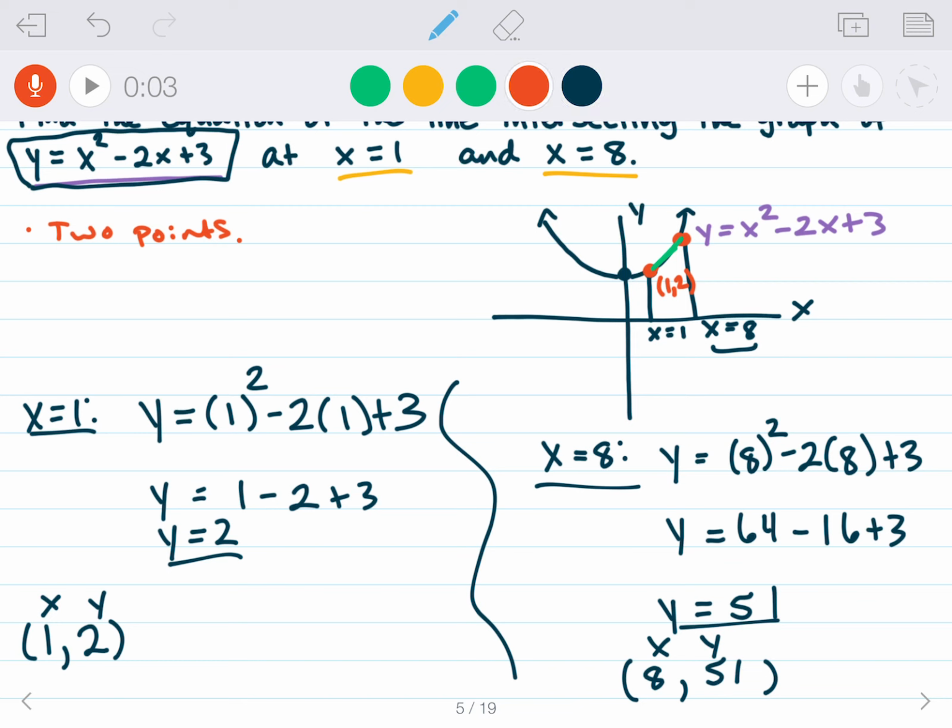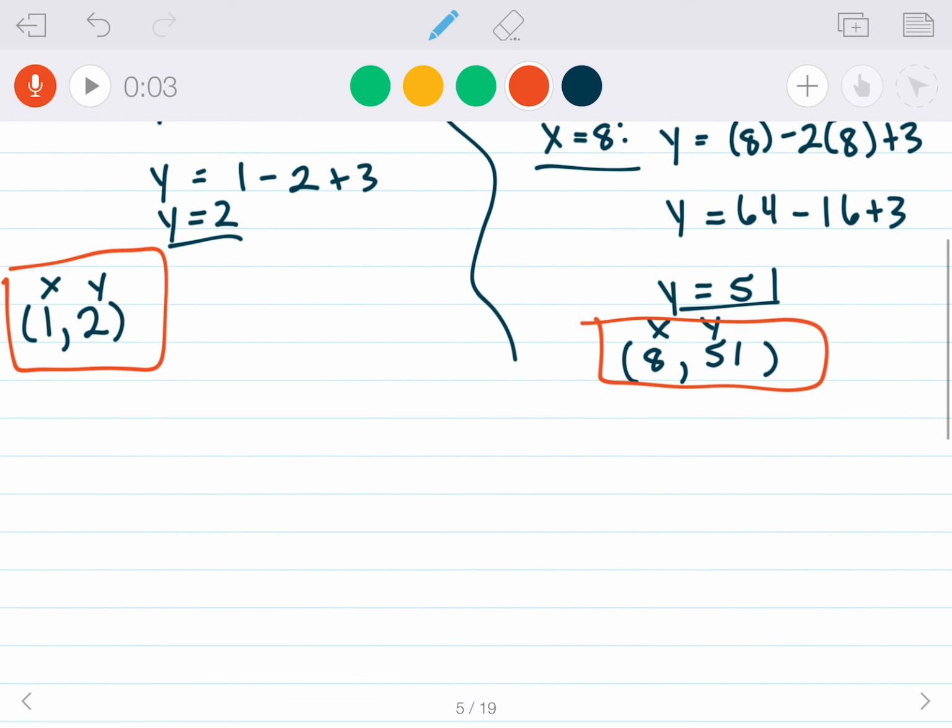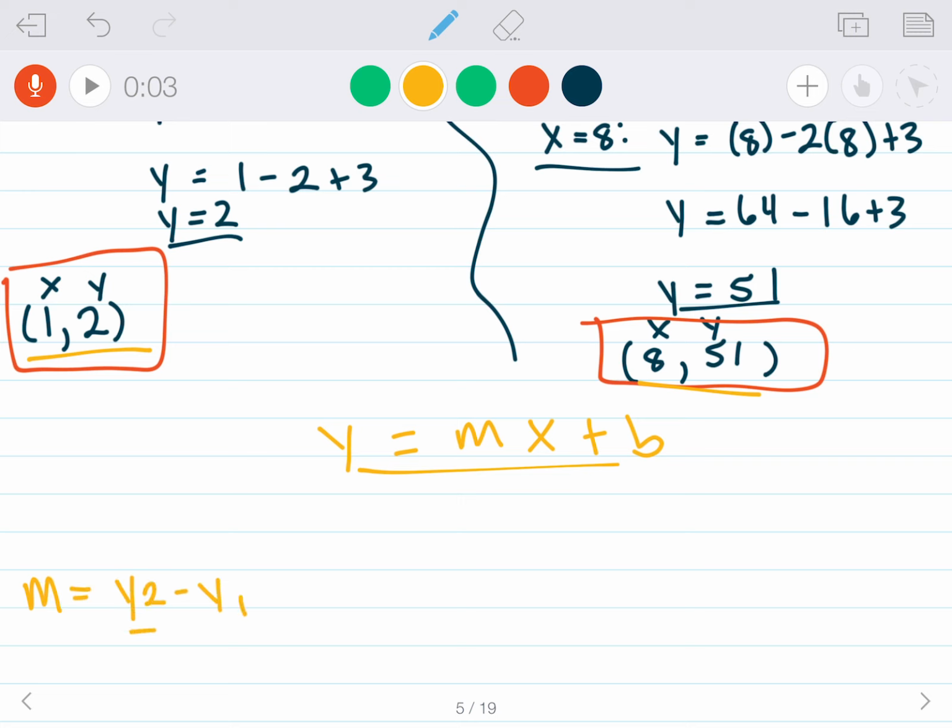So that's all we need for a line. We need 2 points, and we can write the equation at this point because we use our slope formula to get a slope, and then we figure out what b is using one of these x, y values. Again, we're trying to write this in y equals mx plus b form. Let's find m. m is y2 minus y1 over x2 minus x1, second point minus first point.